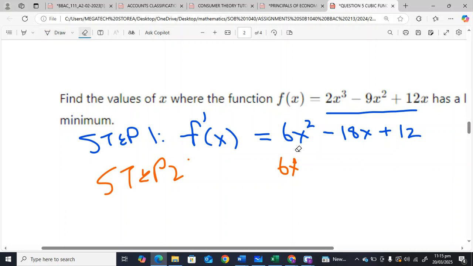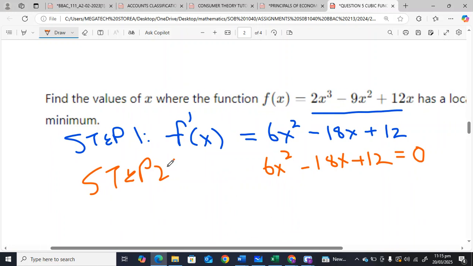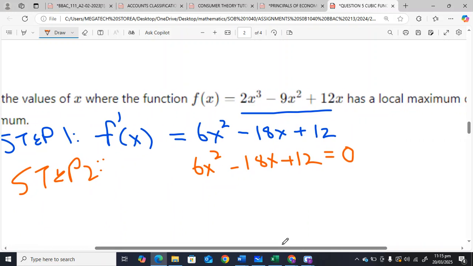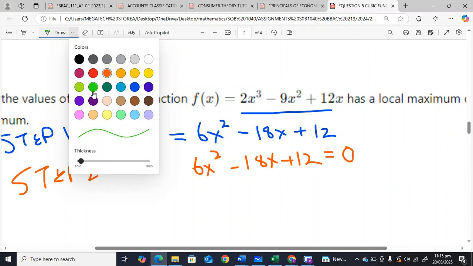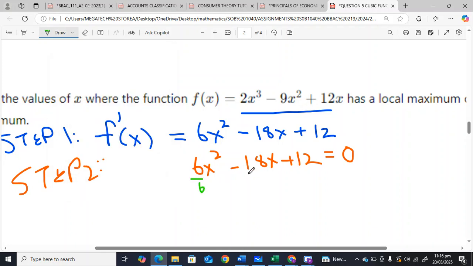So 6x squared equals. You can simplify this.